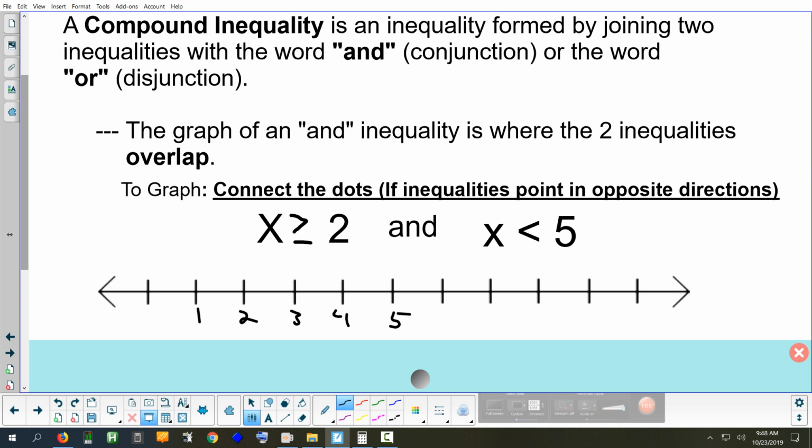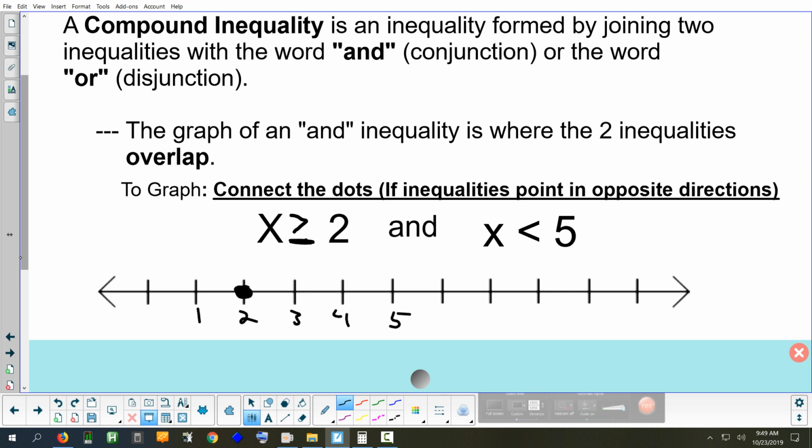Why? Because it has the equal sign. It does have the equal sign. So when it has the equal, you want to close it. Think of having this extra thing on the bottom means you can't just draw the circle. You've got to do the extra thing and fill it in too. Okay? All right. So we've got a closed circle on 2.